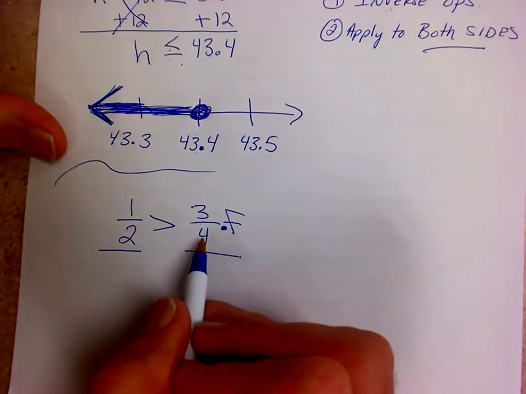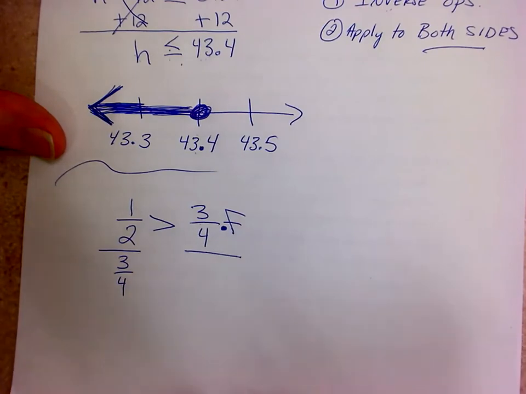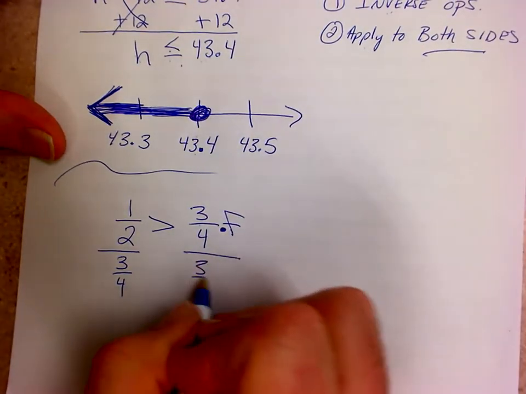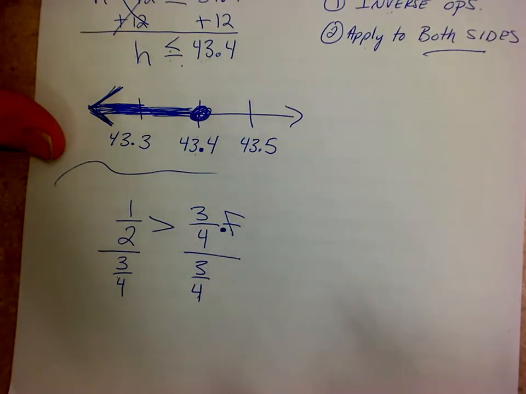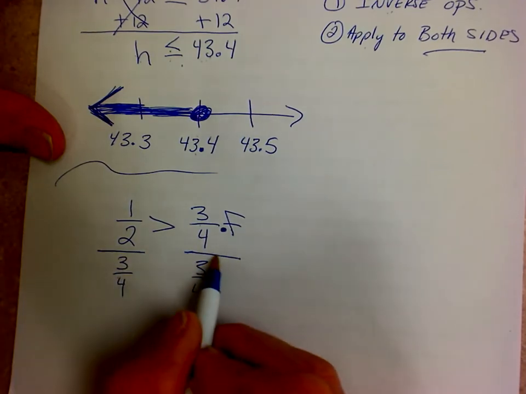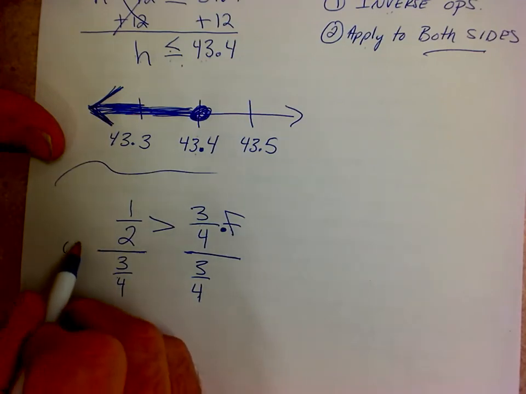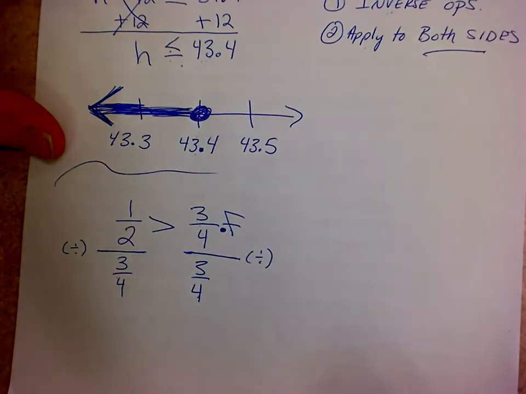Again, we want to go away from the f, so we're going to bring over the 3/4 and apply it to both sides. We're going to divide by 3/4 on both sides. This big fraction bar is just another division sign. If you would prefer to use the traditional division sign, please feel free to do so.